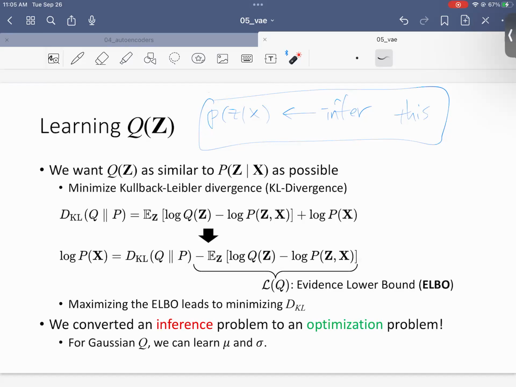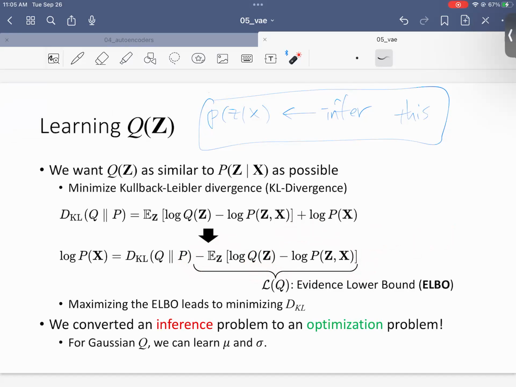The only thing we have control over in this ELBO term is the parameters involved with Q(Z), which are mu and sigma of Q(Z), because we already assumed that P(X given Z) and P(Z) have certain distributions. That is fixed knowledge.